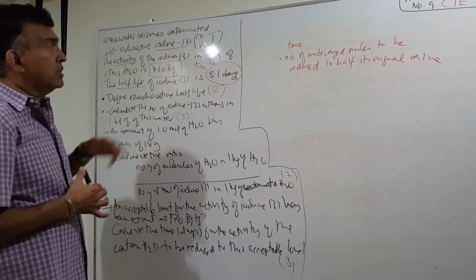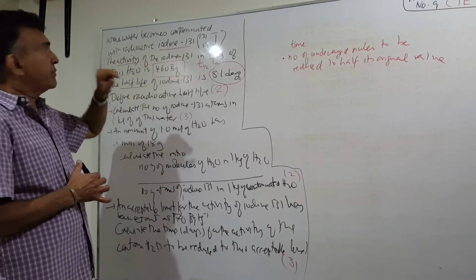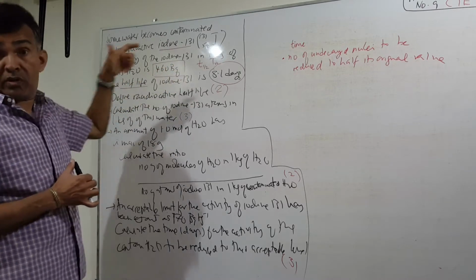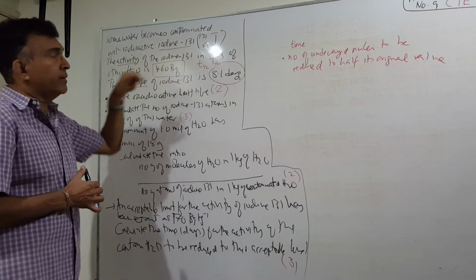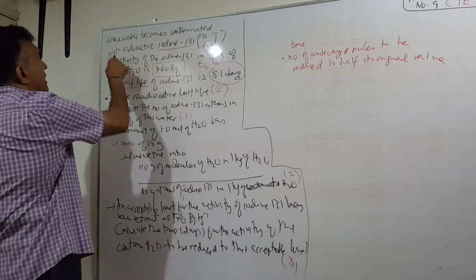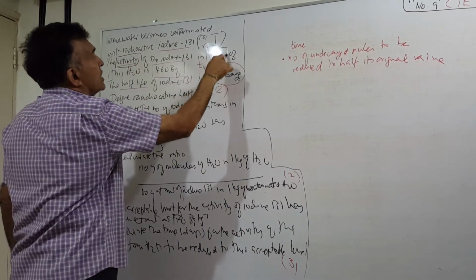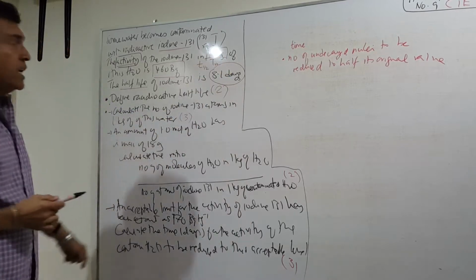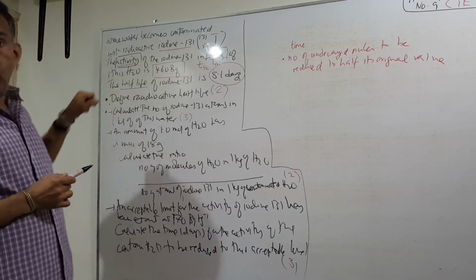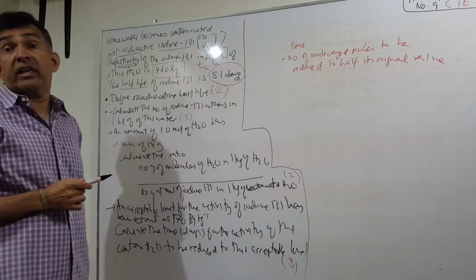The activity of iodine 131 in 1 kilogram of this water is 460 becquerel. You're also told that the half-life of iodine 131 is 8.1 days.